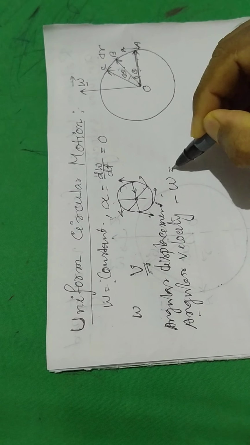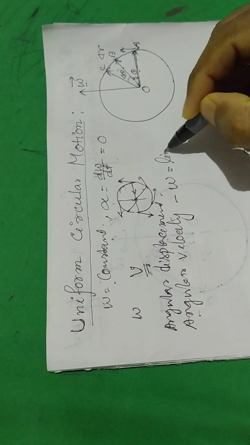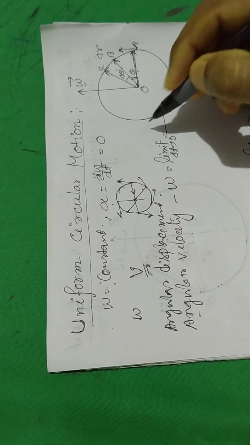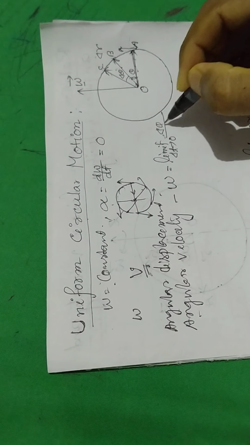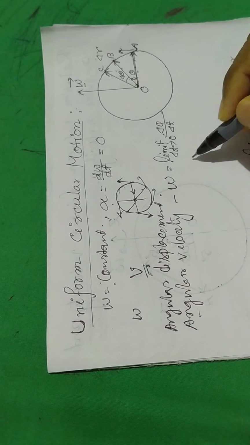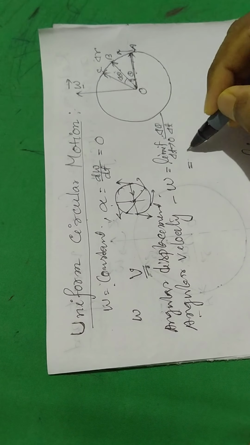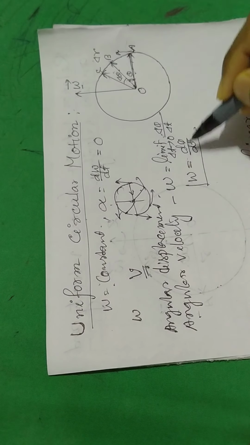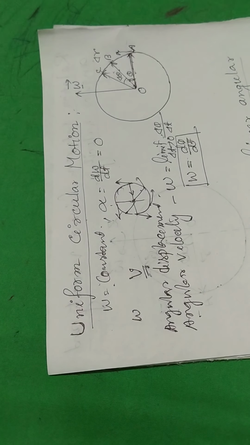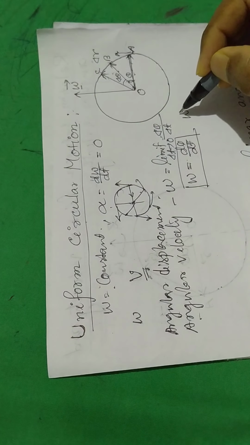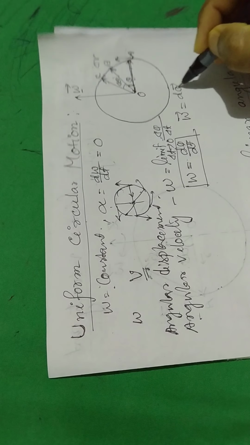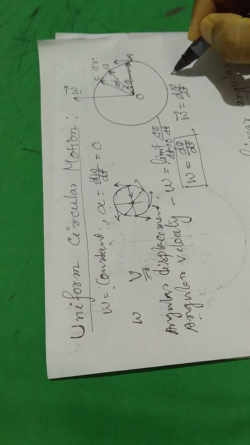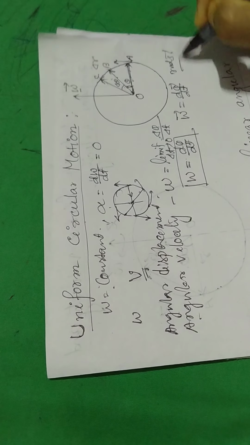So omega equals limit del t tends to 0 of del theta by del t, that is equal to d theta by dt. So angular velocity omega equals d theta by dt. In vector form, it is d theta by dt, and the SI unit is radian per second.